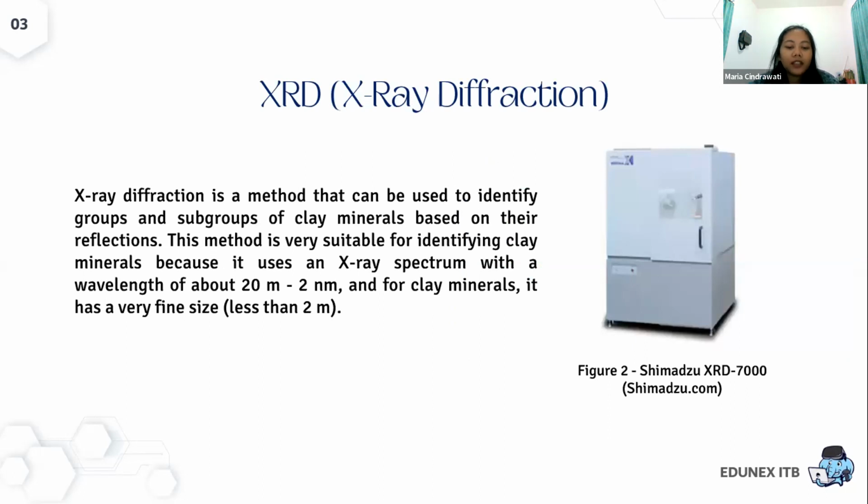This method is very suitable for identifying clay mineral because it uses an X-ray spectrum with a wavelength of about 20 meter until 2 nanometer. And for clay mineral, the size is less than 2 meter. That's why this method can be used to identify groups and subgroups of clay mineral based on their reflection.